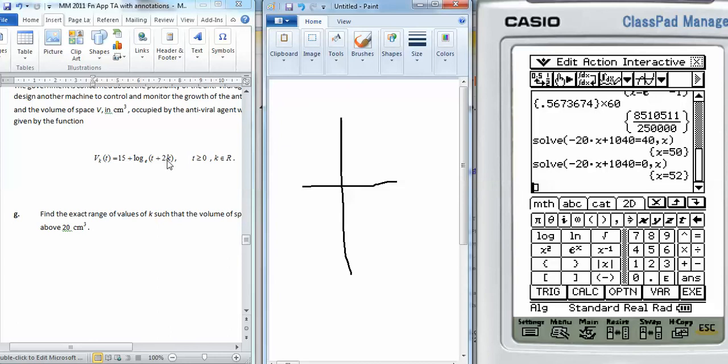Depending upon what 2k was, I'm going to have some sort of asymptote, and that asymptote will be at t equals minus 2k.